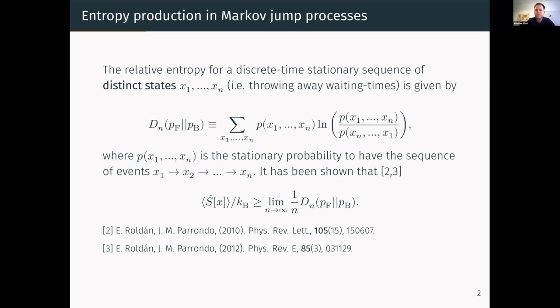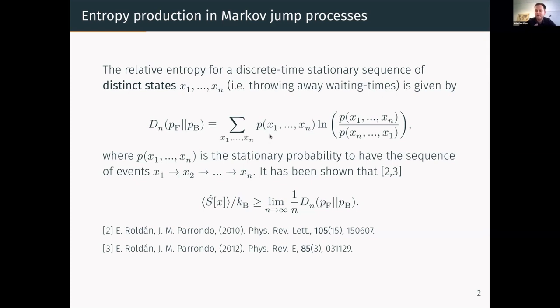And the reason why we do that is a bit delicate, but if you're interested about that, you can always ask questions afterwards. So what that means, I will look at the sequence of distinct states. And if you are then able to calculate this relative entropy here, which is denoted here in this upper formula, one has a lower bound on the steady state entropy production, given that you have a sufficiently long trajectory for which you can evaluate these path probabilities.